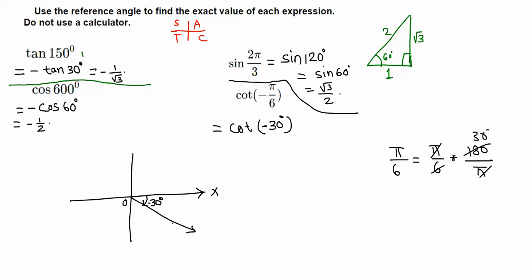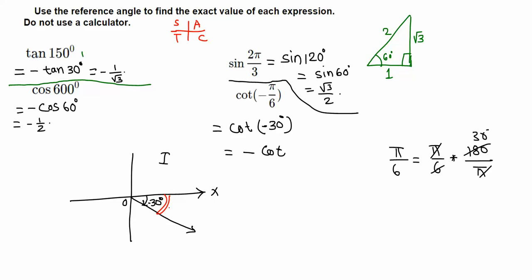That's in the fourth quadrant: first, second, third, fourth. When we look at the quadrant rule, in the fourth quadrant only cosine and its reciprocal, secant, have positive values. So cotangent will have negative values, and we need to find the reference angle. The angle made by the terminal side with the x-axis is the reference angle.